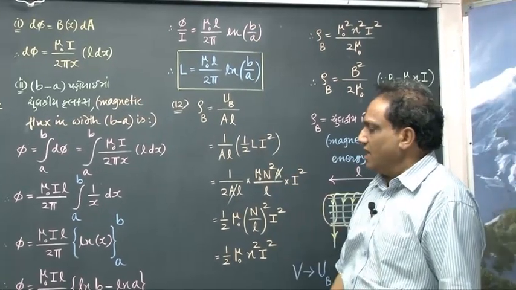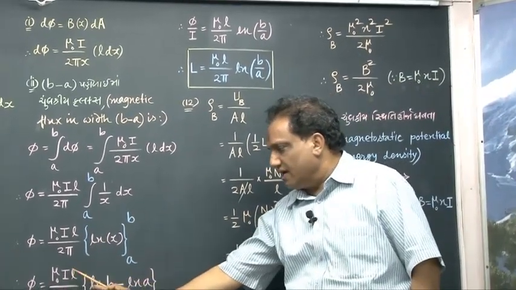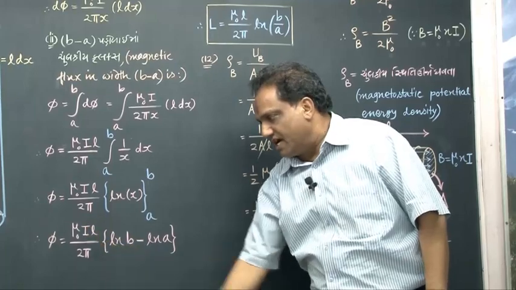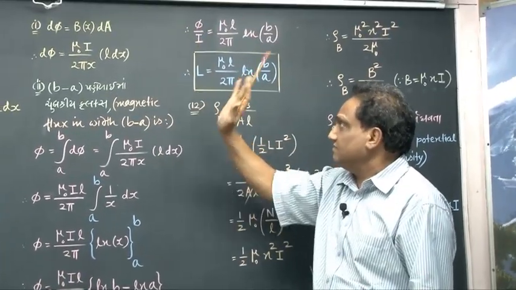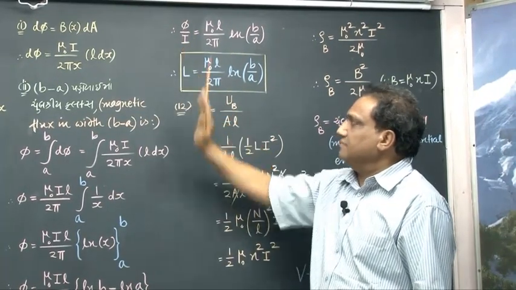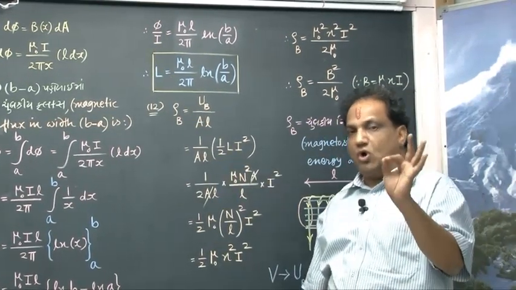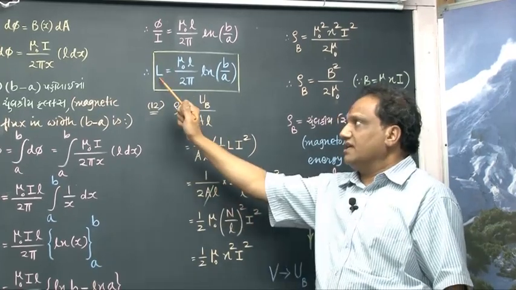But now tell me, I have taken this I to the denominator on the left side, so I will get phi upon I. Now this phi upon I, in the textbook, they have wrongly taken as self-inductance.